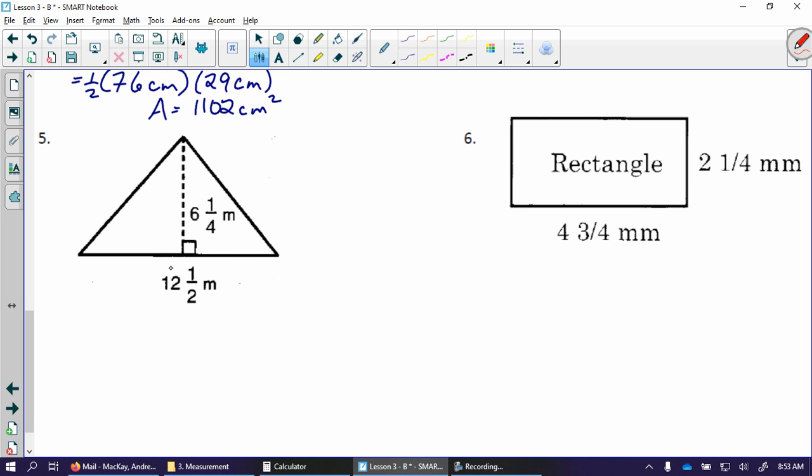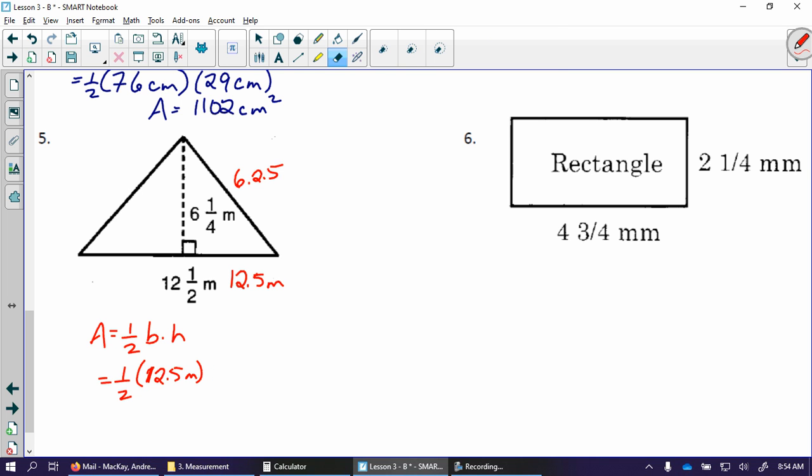So a triangle, we have the base of 12.5 meters. The height is 6.25 meters. So the area of a triangle is a half the base times the height. A half, the base is 12.5 meters.